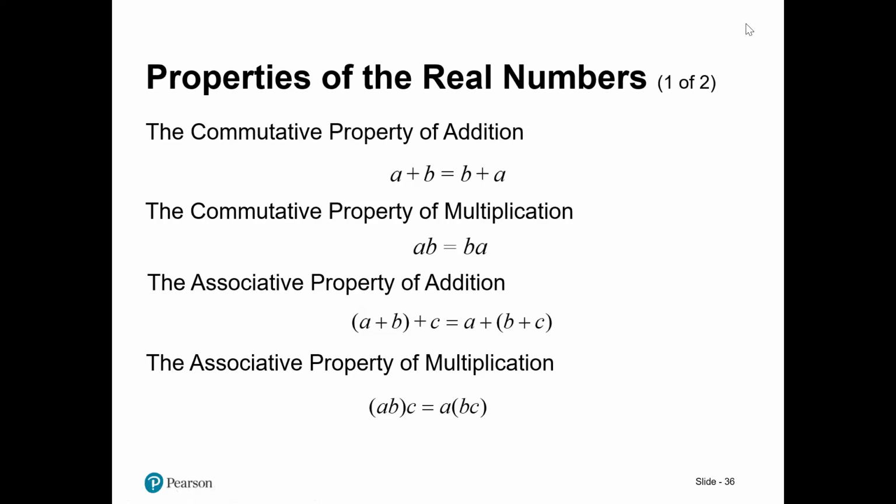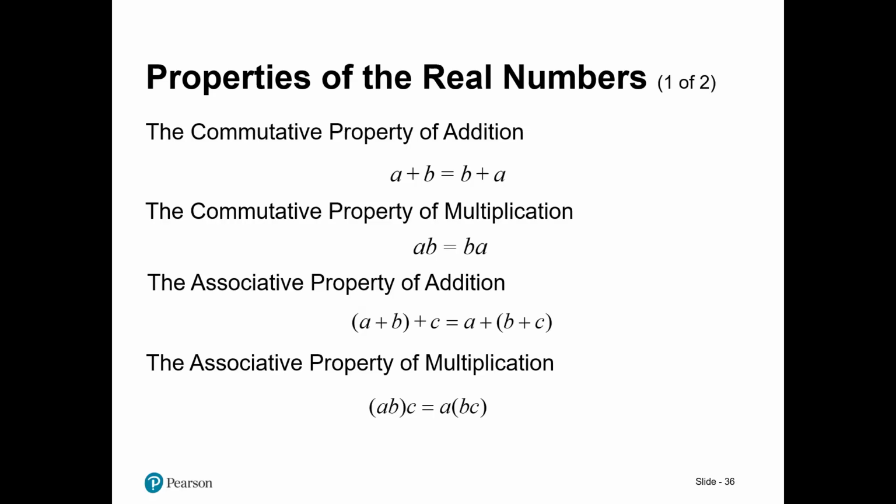Okay. So my last little bit here is going to be properties of real numbers. So you may have heard these properties before. We're just reviewing them. So we have commutative property of addition, which is A plus B equals B plus A. So commutative property of addition just basically says that if I'm adding two numbers, I can flip them. So it's commutative, meaning you can move.